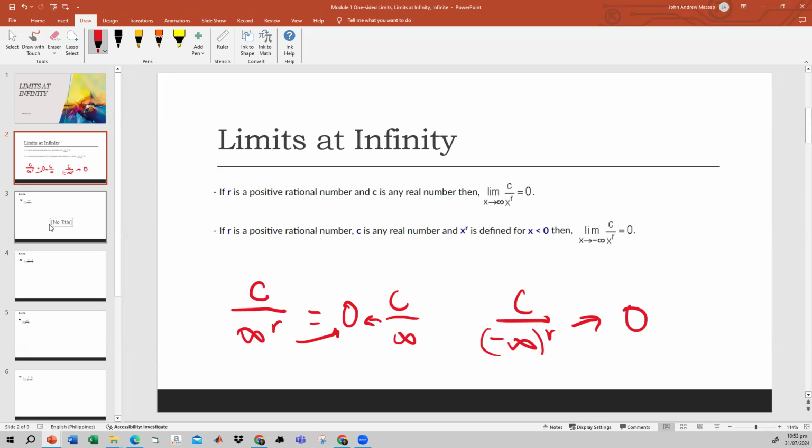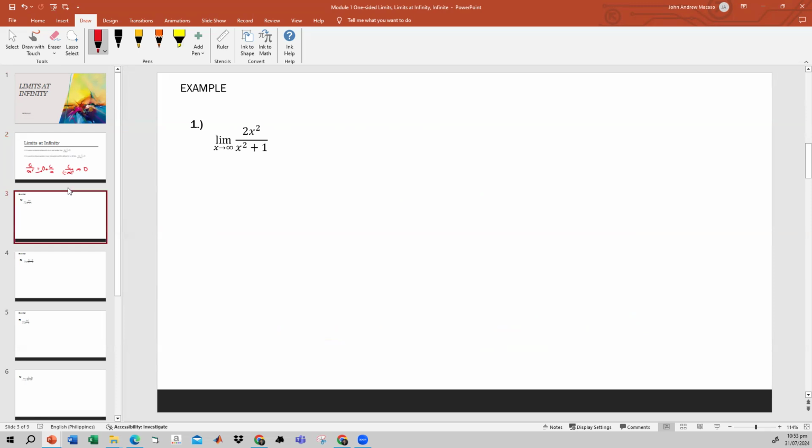Okay, so let's try some examples regarding this. Let's say we're asked to get the limit of 2x squared over x squared plus 1 as x approaches infinity. If you remember, with this limit function, what we're doing is just substituting the value of x.